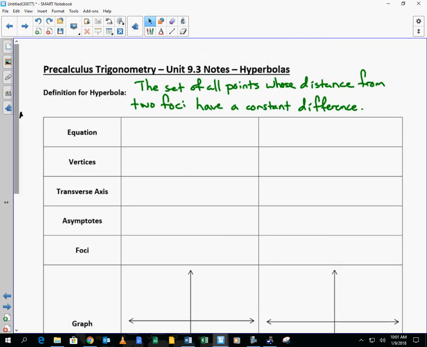Let's start with this. Hyperbolas are the set of all points whose distances from two foci have a constant difference. Now, do you remember how that's similar or different from yesterday's definition of an ellipse?